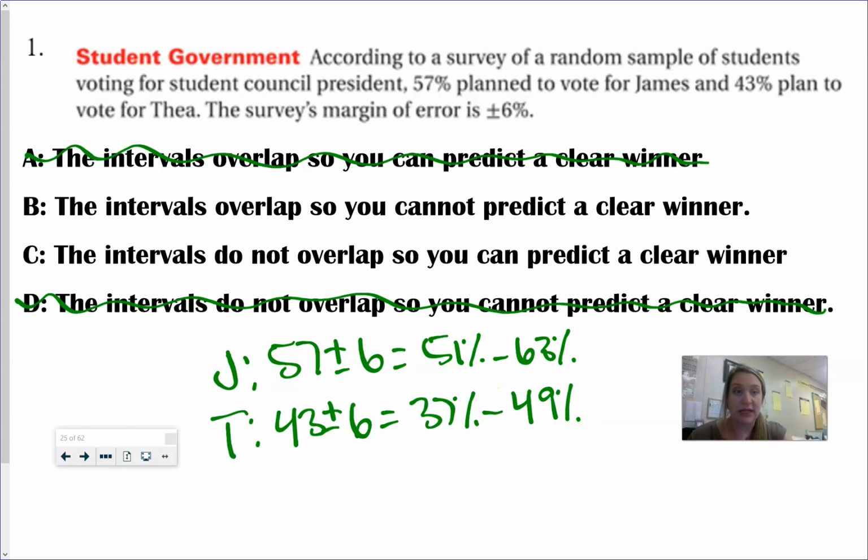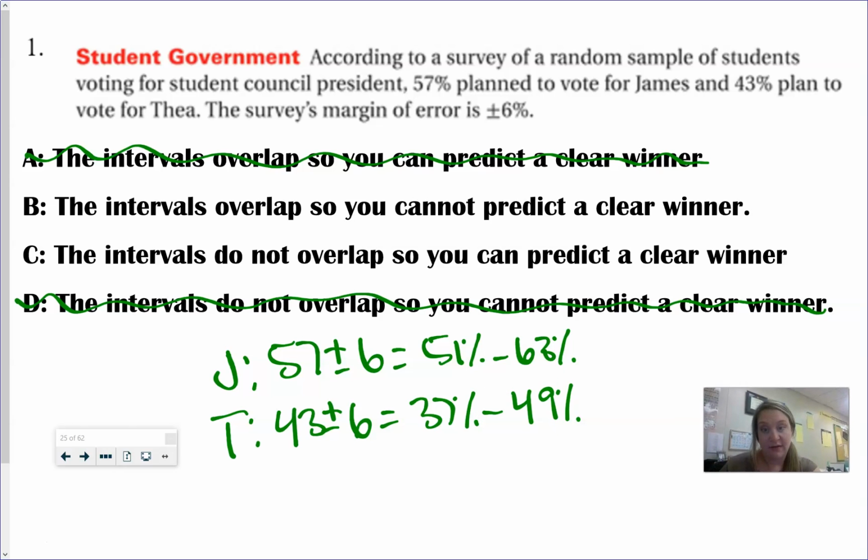So I can do a number line, but I'm noticing the lowest voting for James is 51. The highest percentage that Thea could get is 49. So just from that right there, I know they can't overlap. It's impossible. Thea's maximum is still lower than James's minimum. Does that make sense? So logically, looking at those margins, I know that they will not overlap, okay?